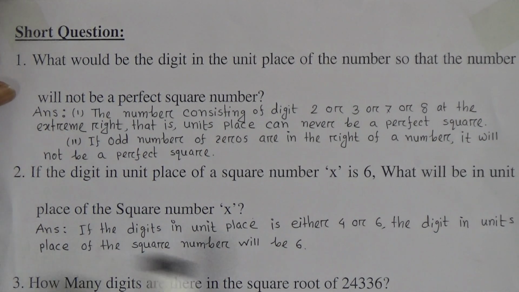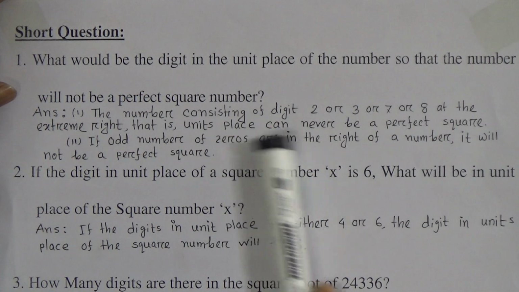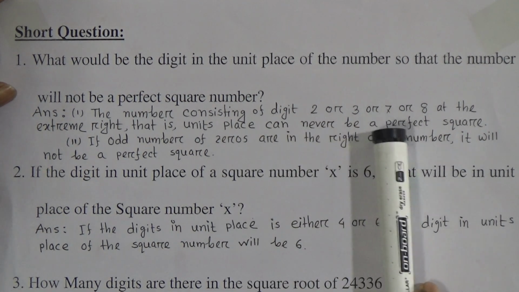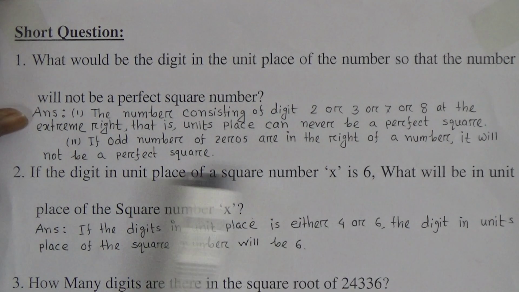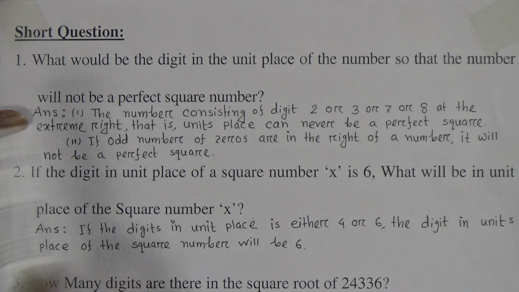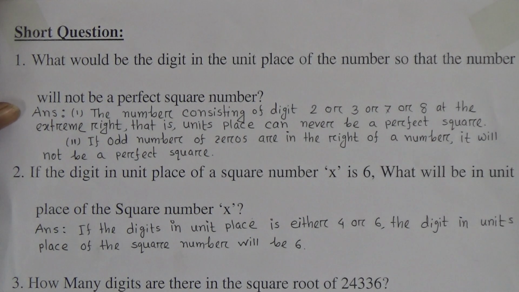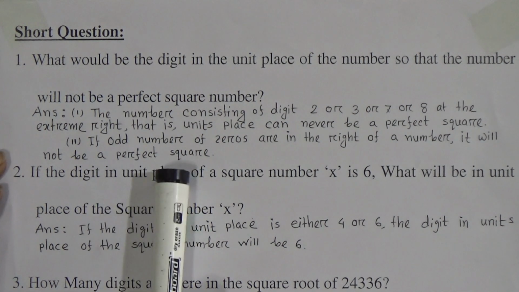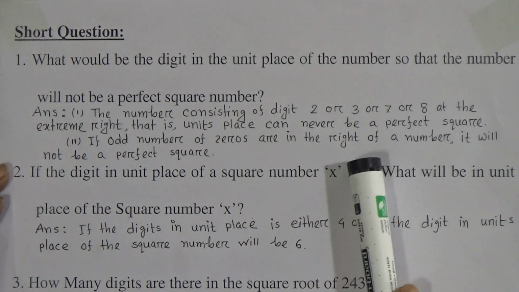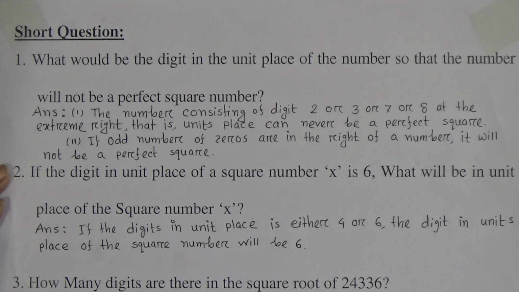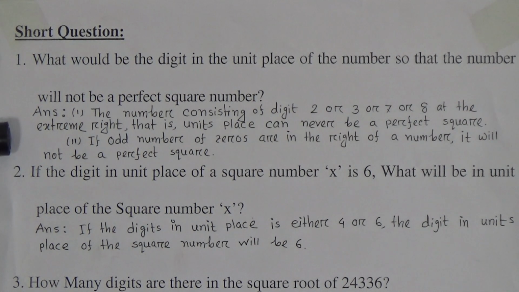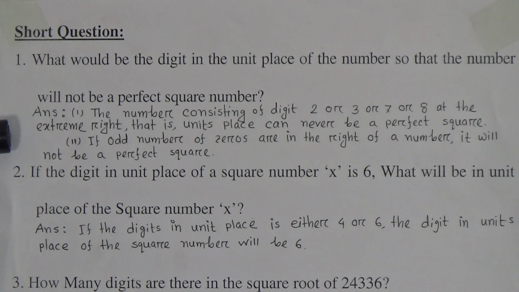One condition: a number with digit 2, 3, 7 or 8 in the extreme right, that is in the unit place, can never be a perfect square. Another condition: if an odd number of zeros are at the right of a number, it will not be a perfect square, okay.